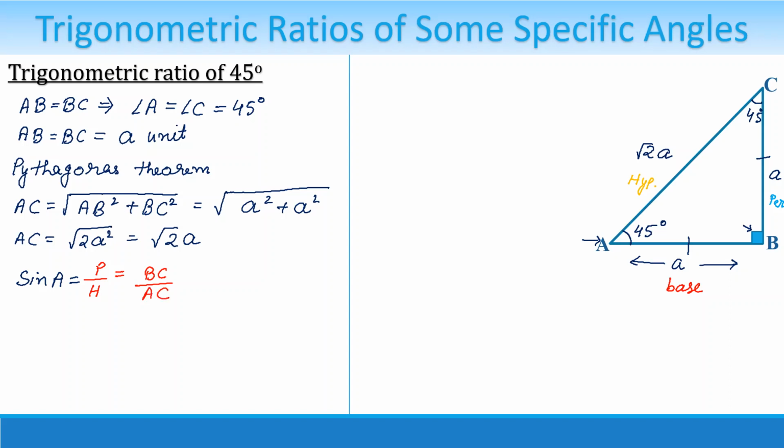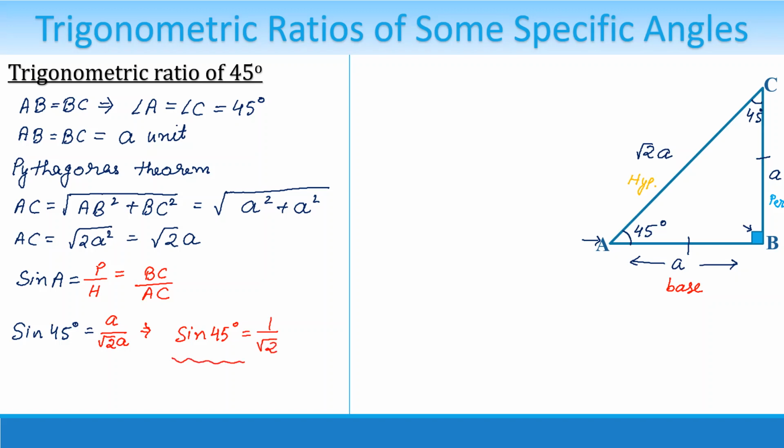So now if I have to calculate sine, angle A is of measurement 45 degree. So sine 45 degree is equal to BC, which has a length of a unit, upon AC, which is of length root 2 a. Now a and a will cancel out and we will get the value of sine 45 degree as 1 by root 2.